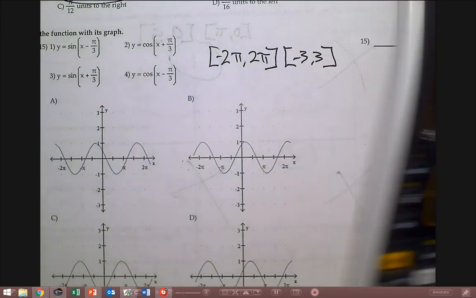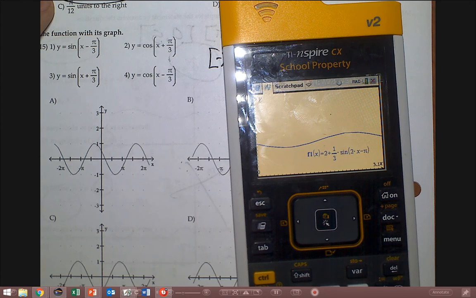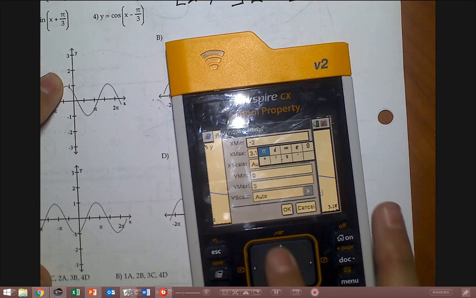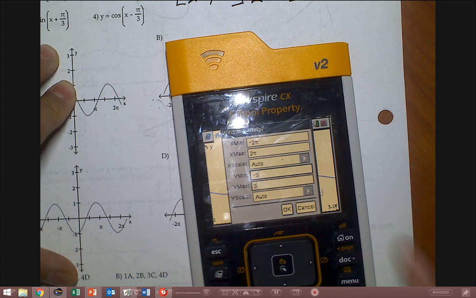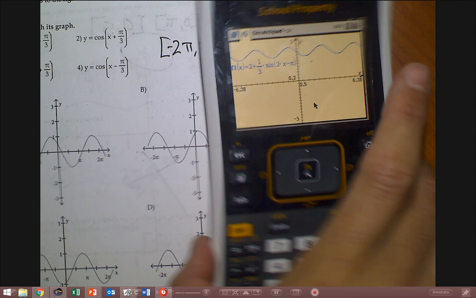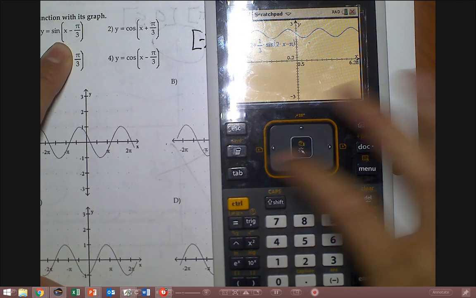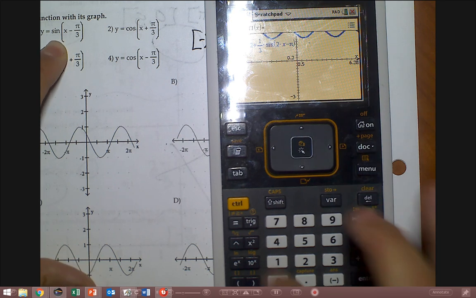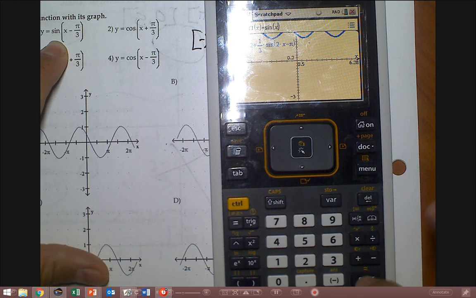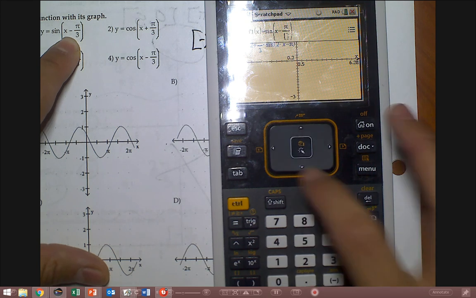Okay, so we're matching all of these. Now listen up, you're matching all these, so that means you're going to put in all of these, so it's going to be sine of x minus pi over 3.